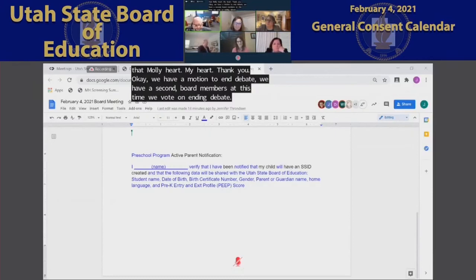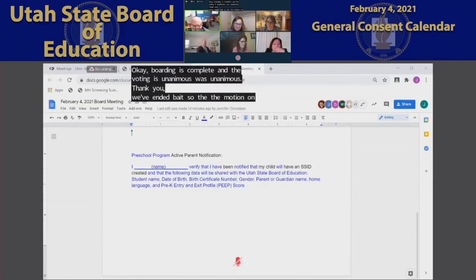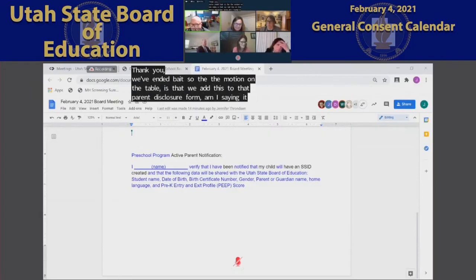So the motion on the table is that we add this to that parent disclosure form. Am I saying it correctly, Vice Chair Belknap? Is that what that's entitled? Yes, it's now an active parental notification. So we add to it to say preschool program, we add active parent notification. And then as it reads, I verify that, and then we add the word my child.